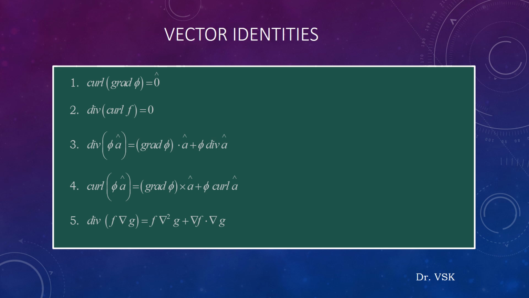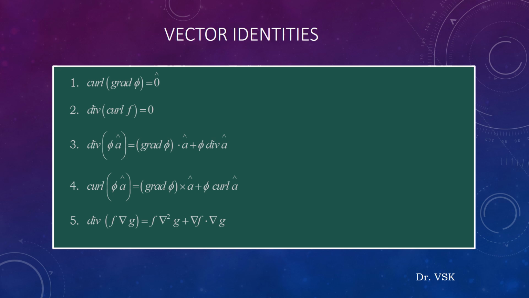Now, I have listed out all the vector identities which I am going to prove. I picked up 9 vector identities to prove in this lecture. Our first vector identity is curl of grad phi equals 0 cap, the origin. In this vector identity, phi is a scalar field.